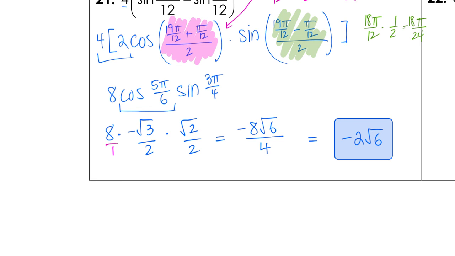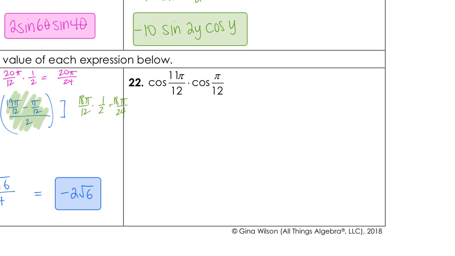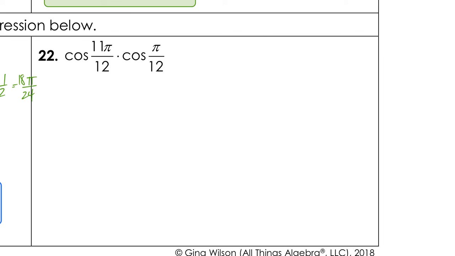Okay, and then last problem. We want to find the exact value, but same issue. Anytime you have radians with 12 at the bottom, something has to change because I know that's not going to be on the unit circle. So let's change this into a sum or a difference. So product to sum.